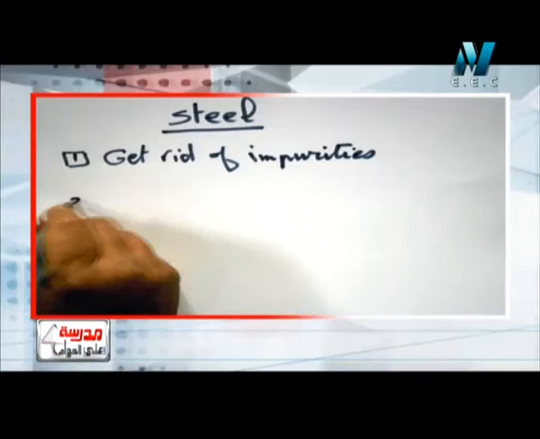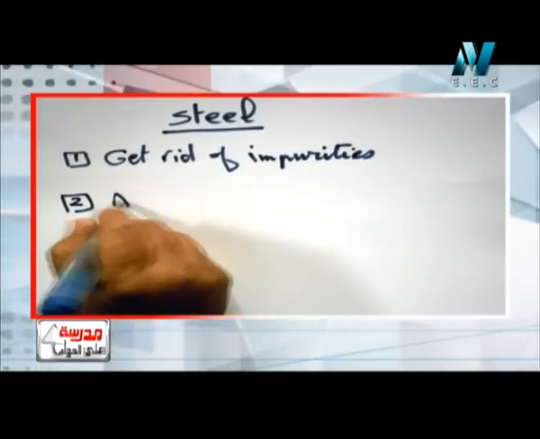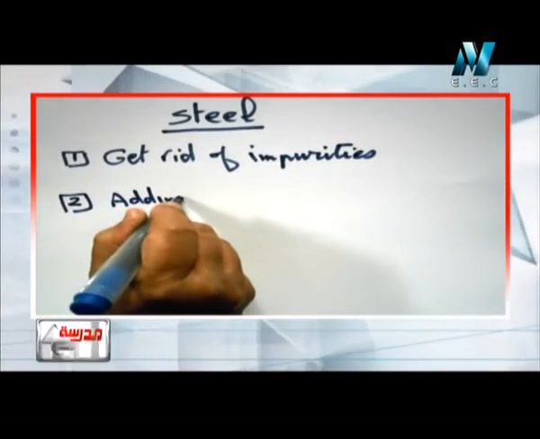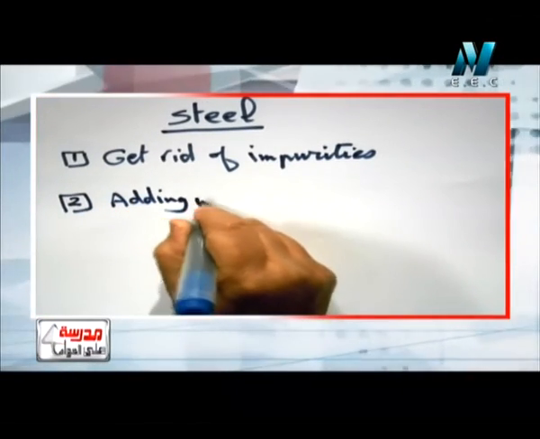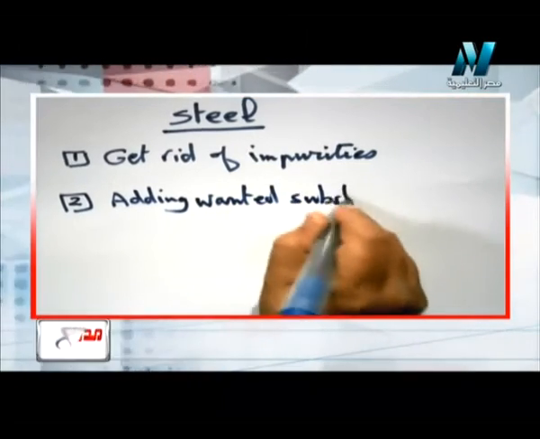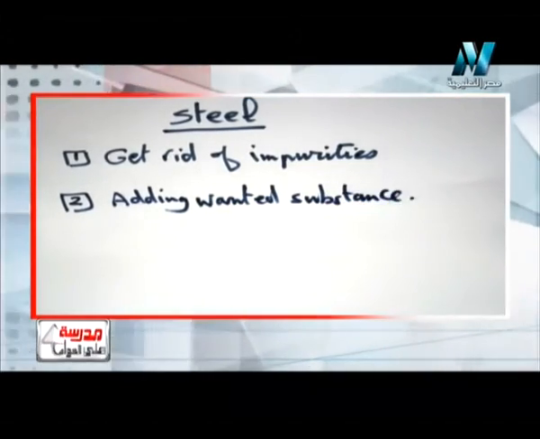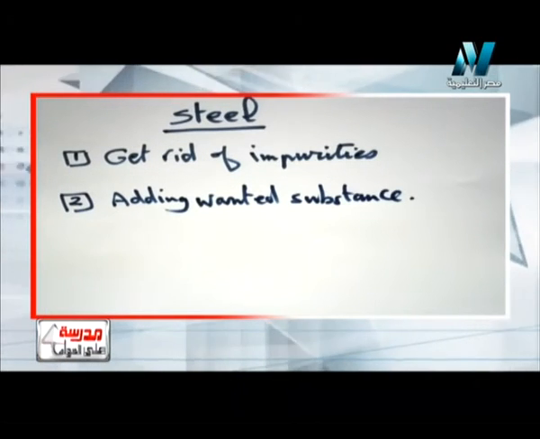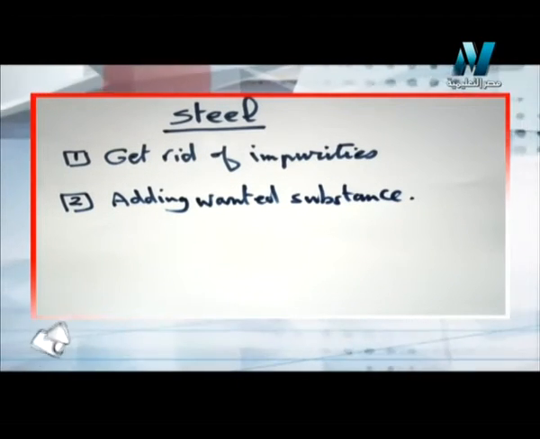Number two, adding a wanted substance, a desirable substance, in order to get certain properties of steel according to the type of industry.